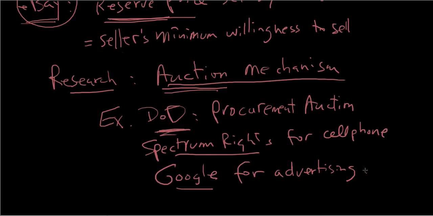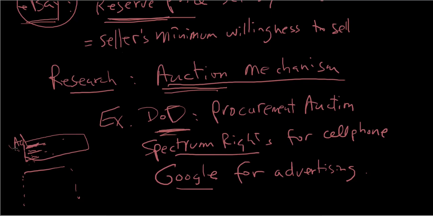If you search something on Google, then on the search result page, at the top of the screen there are some advertisements, and the search results are displayed below that, right? These are advertisements related to your search, and all these advertisement slots are sold off through auction.